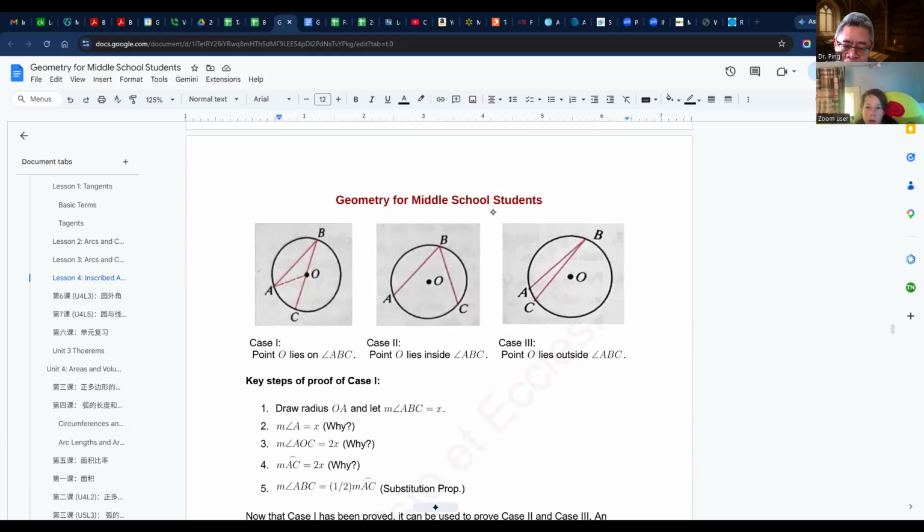How do we prove this case? It told us to draw a diameter. So that's our diameter. Let's call it D. So how does that help us? Because we already proved case 1. Just look at case 1 and how do we use that to prove case 2?